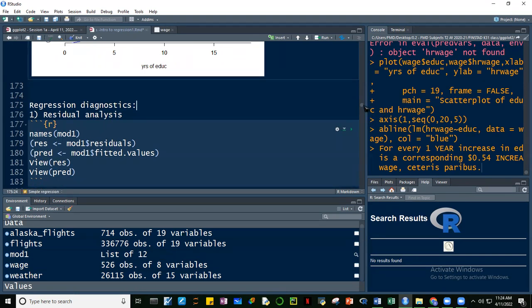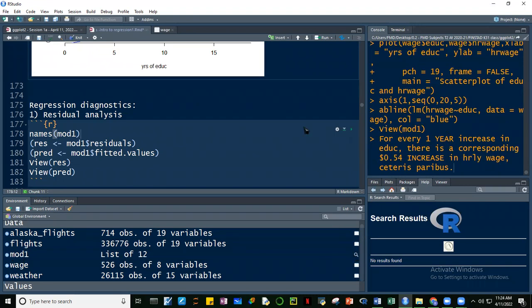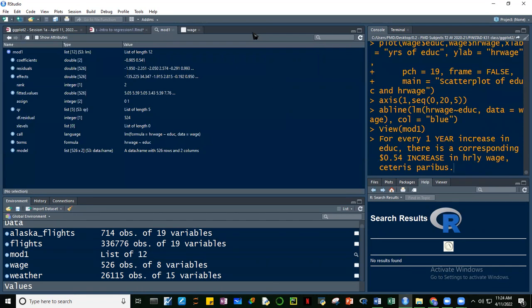All right, so the model 1 object, guys, which we use to name our regression output, is a list. If you take a look at this mod 1 here, it's a list, which means it contains several data. There's the coefficients, which is a vector, negative 9.05.